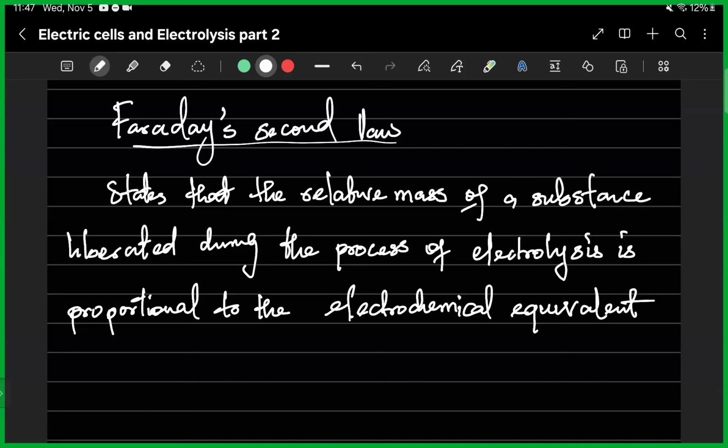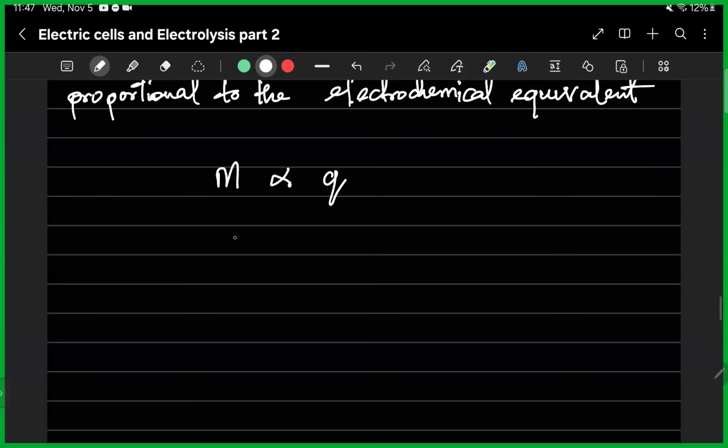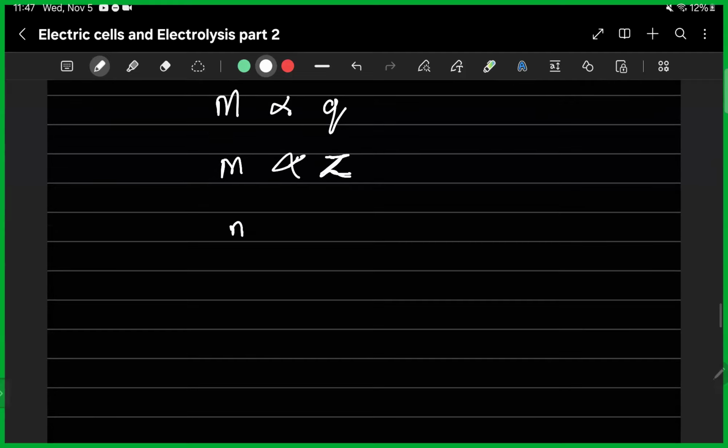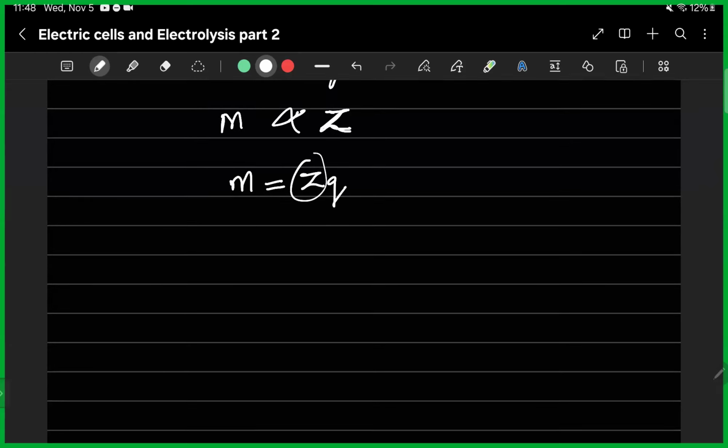So one of the formulas that covers both laws: both laws are talking about mass. The same mass is proportional to quantity of electricity, if I call that Q. But we know that also the mass is directly proportional to Z, which is the electrochemical equivalent. Now if we write it together, we say mass is equal to ZQ, because Z is the constant of proportionality here.